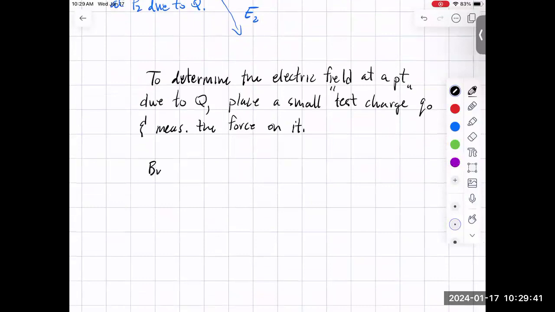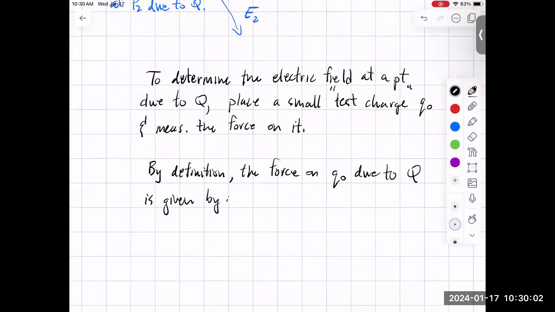And so by definition, the force on our test charge Q0 due to this big distribution of charge Q is given by: the force on Q0 is going to be equal to Q0 times the electric field.